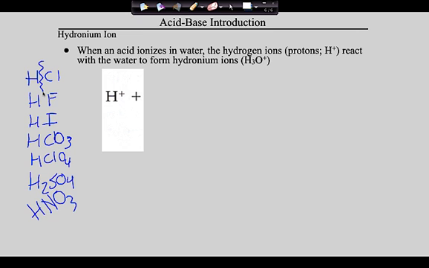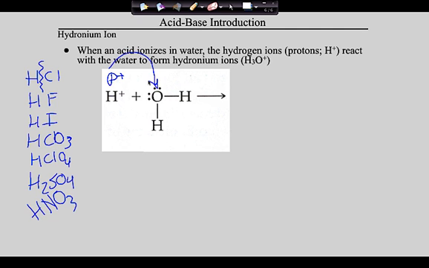Now how does that happen? Let's think about it. What is it that would cause that attraction to take place? What is a hydrogen ion? It's a proton with a very strong positive charge. What's it going to be attracted to? These electrons. And literally that's what happened.